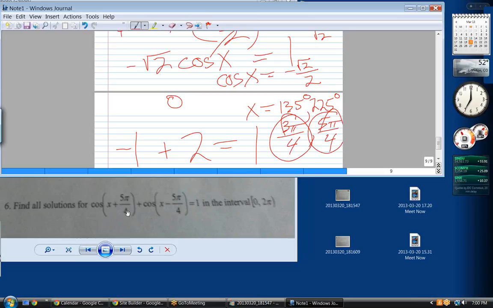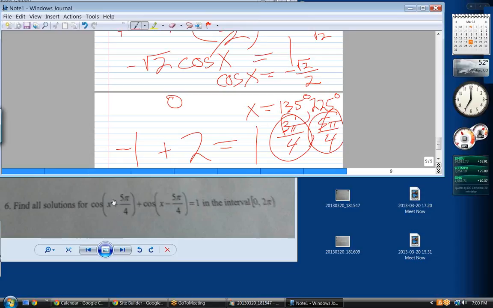Notice that just substituting the 3 pi over 4, we get the cosine of 2 pi, which is 1. And then the cosine of minus pi over 2 is 0, so we have 1 equals 1. Hold it. 3 pi over 4 here gives us 2 pi, excuse me, this is 1.